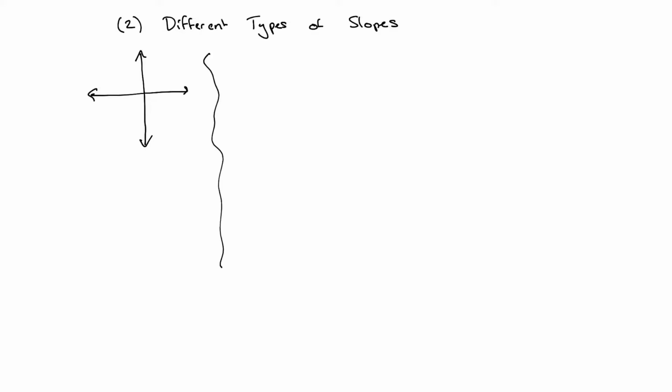The second note has to do with the different types of slopes, of which there are 4. I want you to draw 4 XY grids, and you don't need to worry about scaling, so just draw some nice little graphs and then break it up into pieces with some space underneath it.